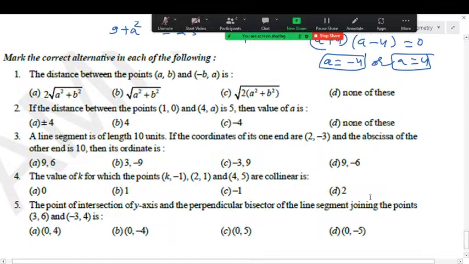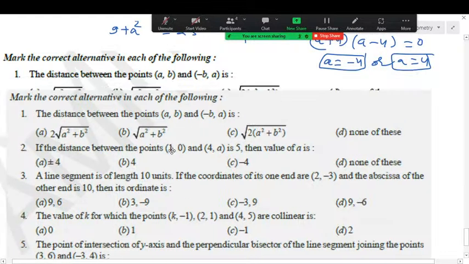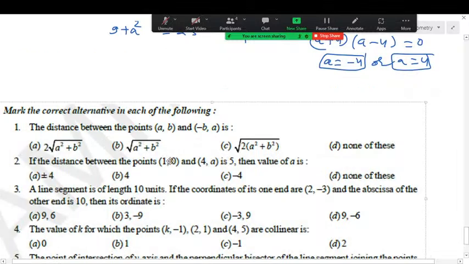Yeah. Should we try solving the third one now? It's quite similar. The third one is quite similar to that. Okay, third one.